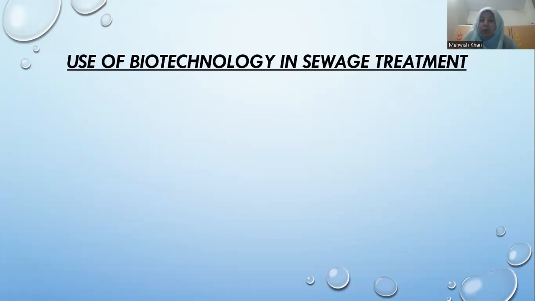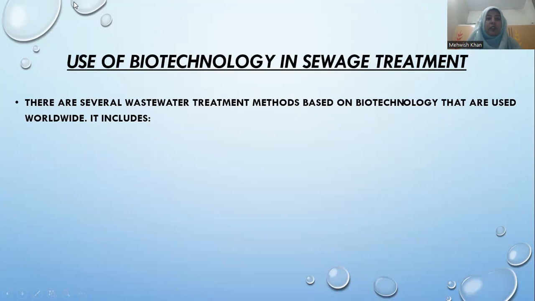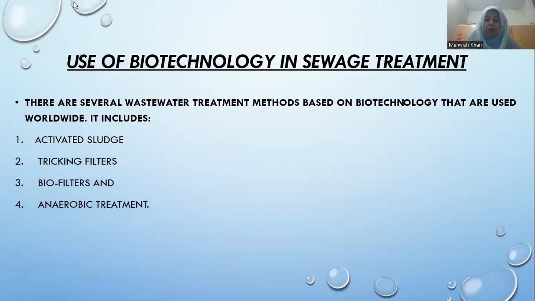What is the use of biotechnology in terms of sewage treatment? There are several wastewater treatment methods based on biotechnology that are used worldwide, and they include the activated sludge, the trickling filters, the biofilters, and anaerobic treatment.